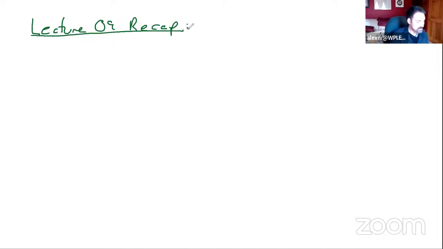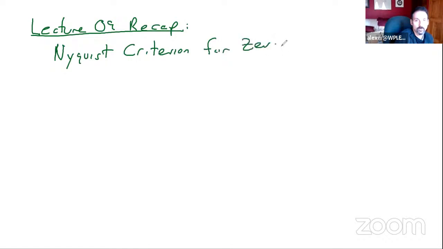So, lecture 9 recap. We saw in lecture 9 the requirements, the Nyquist criterion for 0 ISI.